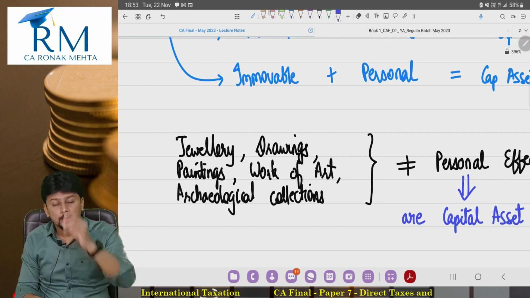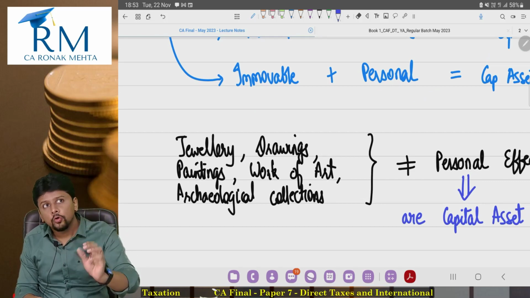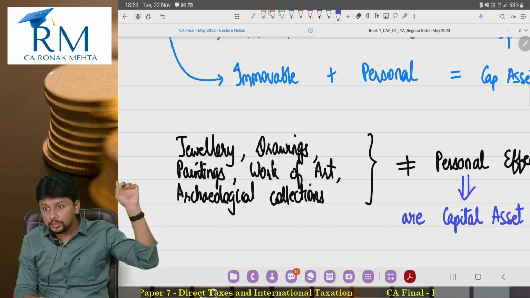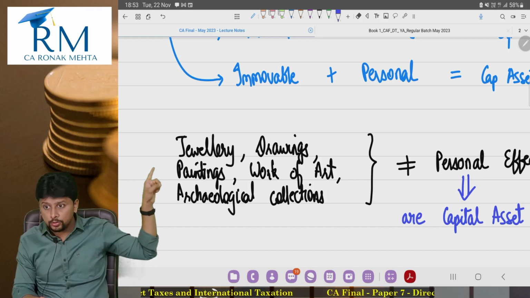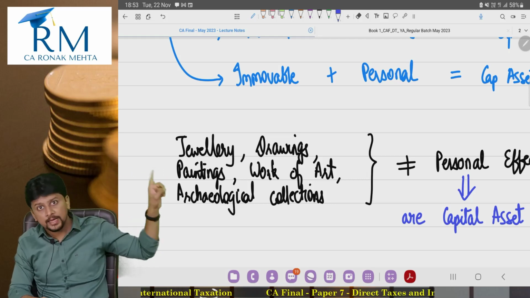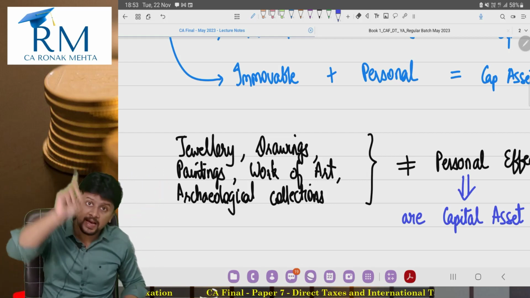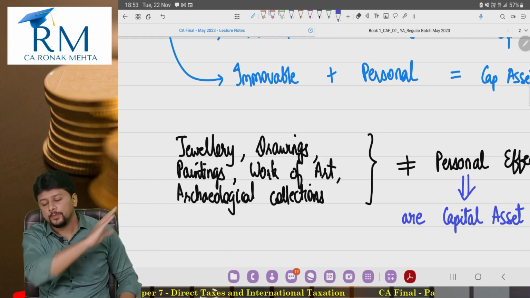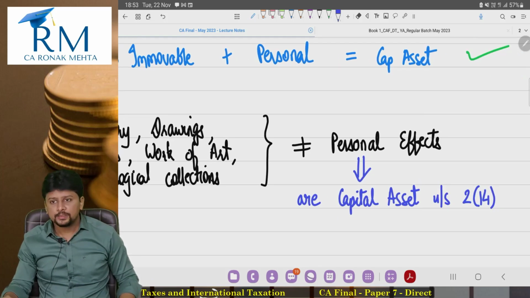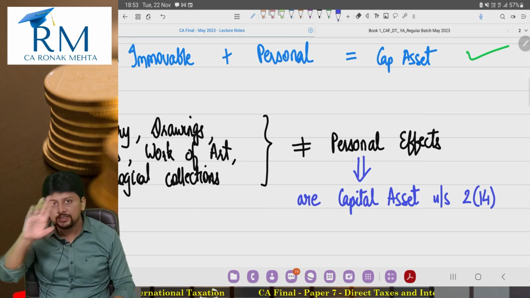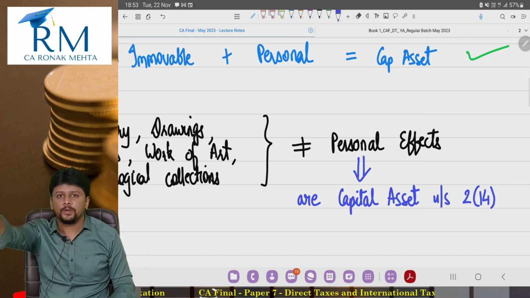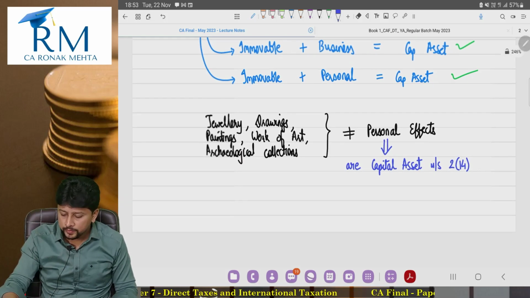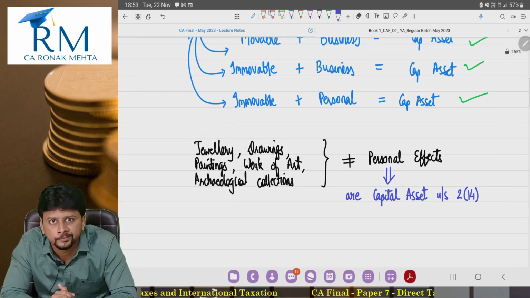Therefore, if I want to tax all these items, I have to make these items a capital asset. So I say, okay, although these are movable and held for personal use, they are not personal effects, which means they are treated as a capital asset. Section 2 clause 14 will apply to them. These items will be considered as a capital asset.